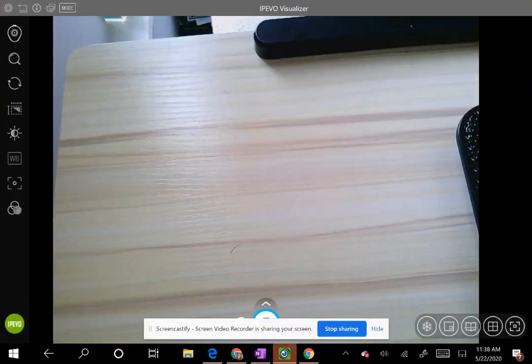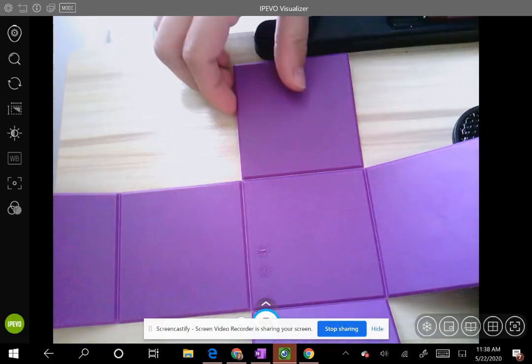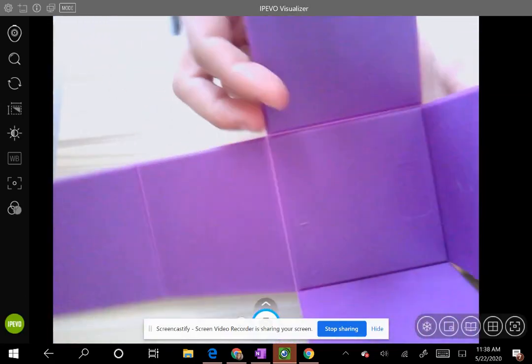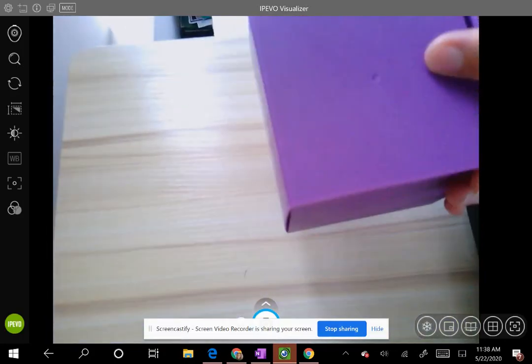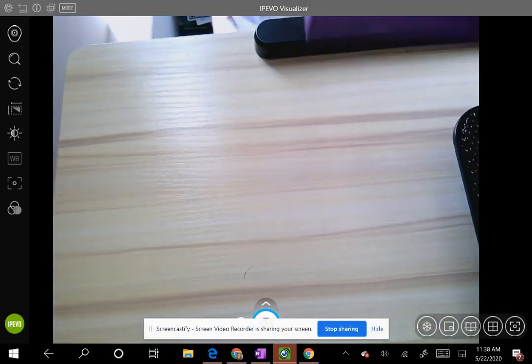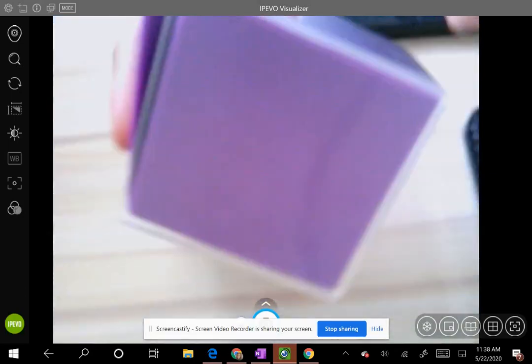So the first one I have, if I would fold it up, would be a cube.